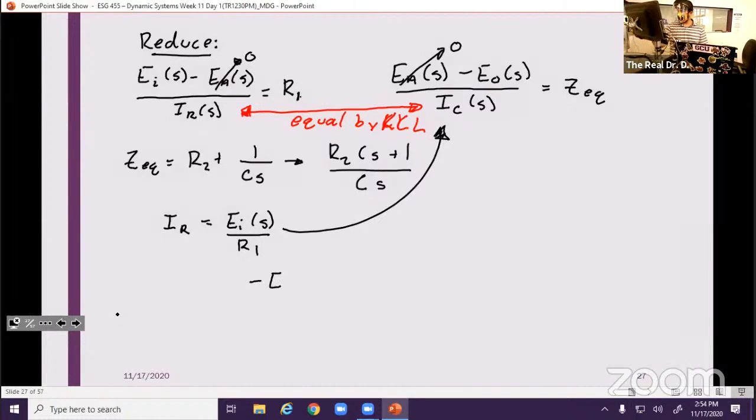So I'll get negative E out of S divided by E in of S times R1 is equal to ZEQ, but ZEQ is just R2 plus 1 over CS.